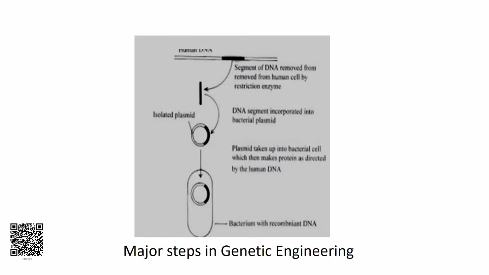So, these are the major steps in genetic engineering. We will explain this figure. A restriction enzyme cuts out a specific segment of DNA from a human cell. This segment usually contains a gene of interest.